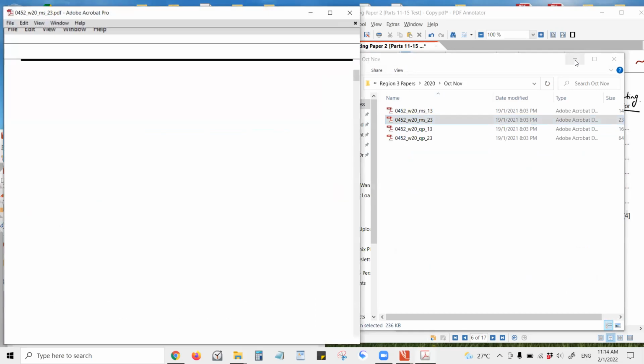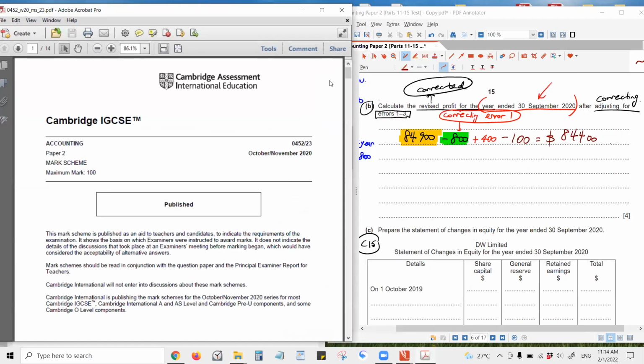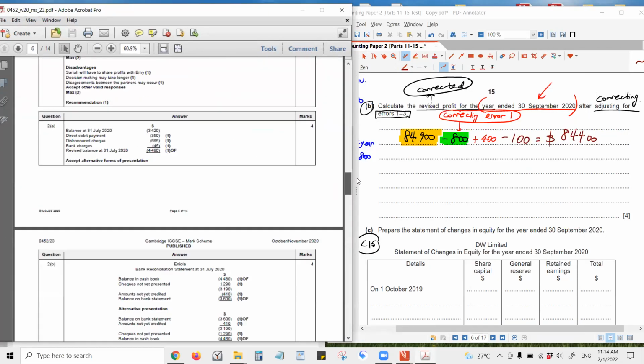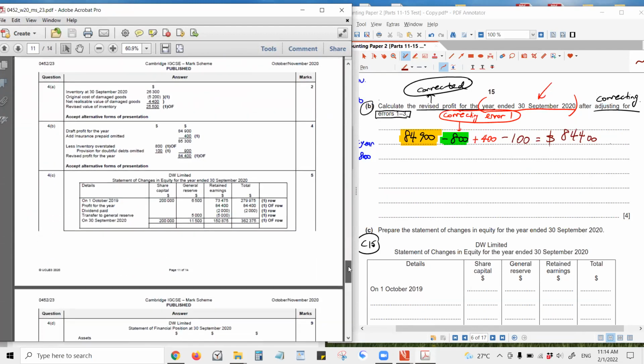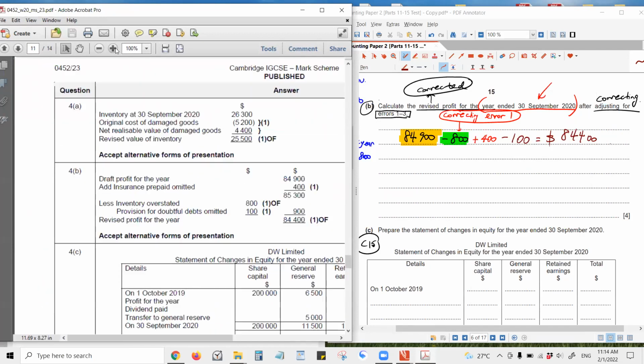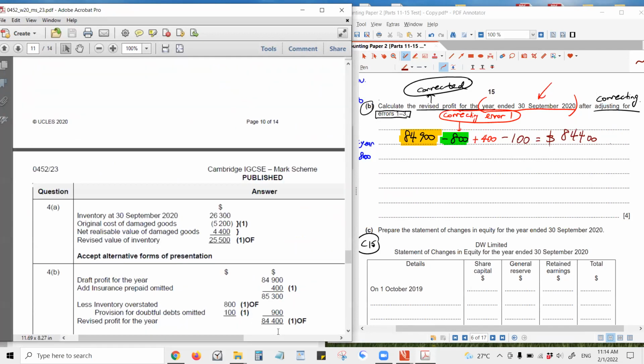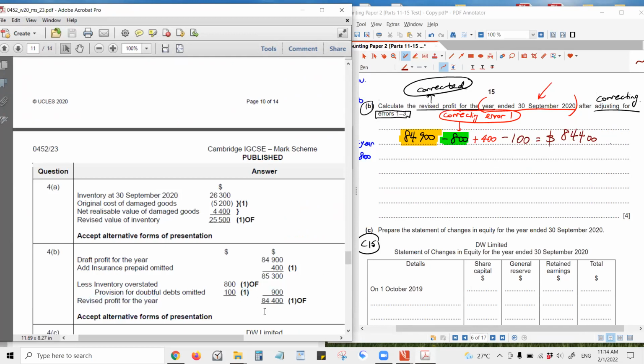Here. It's a very new question that you are doing here. Answer is, okay, correct. So 84400 is the corrected profit for the year.